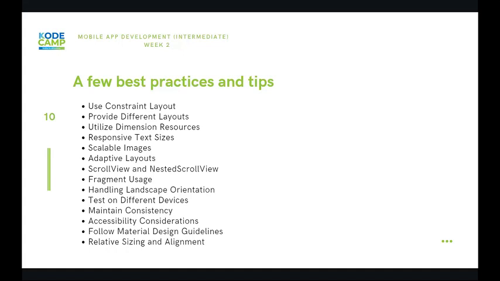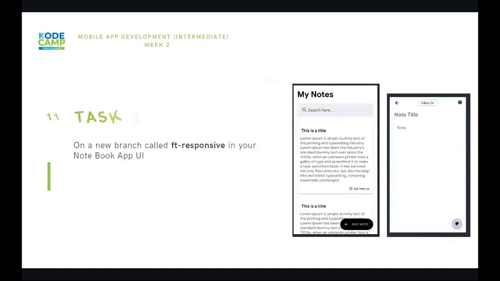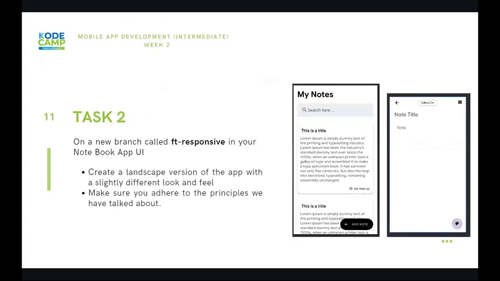Okay. So with this, here comes your task 2. On a new branch called FT Responsive in your notebook app UI, which you have done on a new branch. Remember, I said we're going to use this notebook app to learn everything we need to learn.